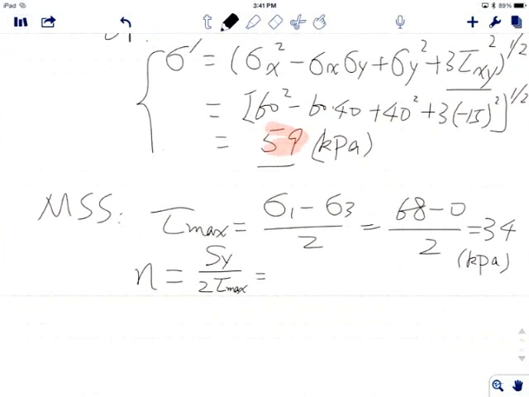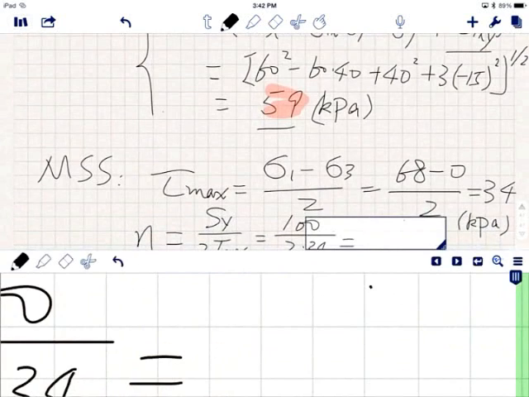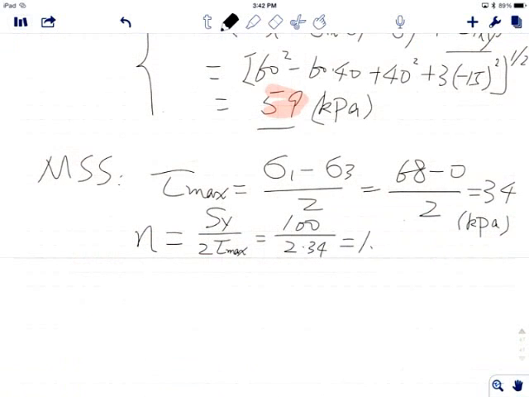SY is still 100, and 2 times 34 is 68. So 100 divided by 68 is 1.47.